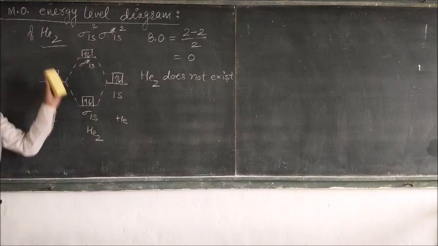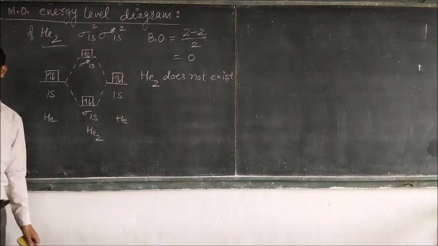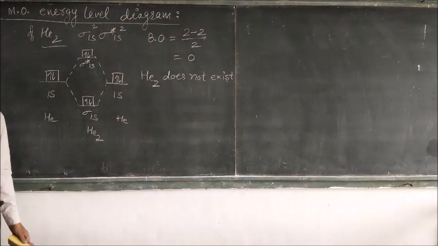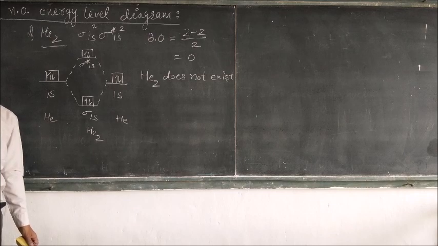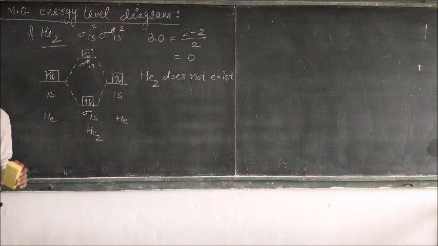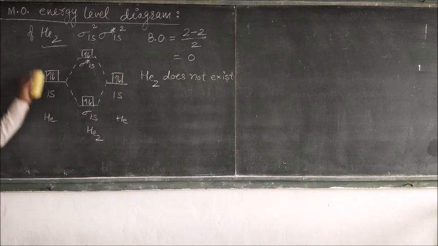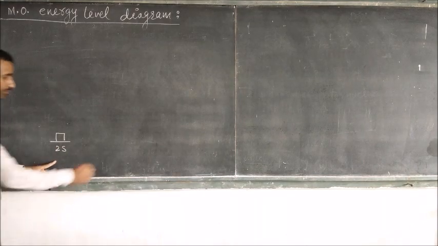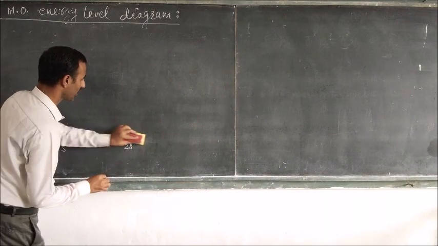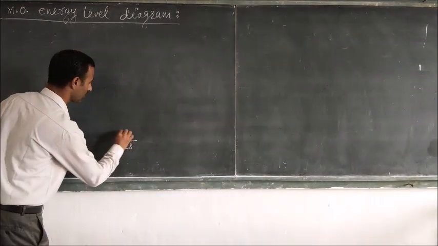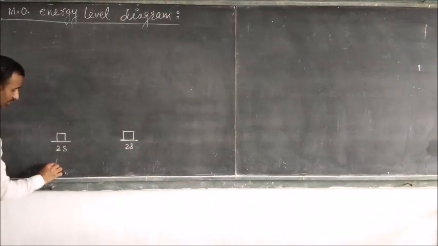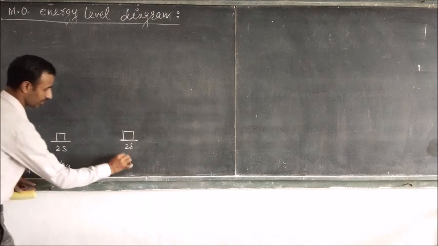So let's draw the molecular orbital energy level diagram for second period elements: lithium, beryllium, boron, carbon, nitrogen, up to nitrogen, and then for oxygen, fluorine and neon. 2s, because now 1s is an inner orbital. This is one atom, this is the other atom.